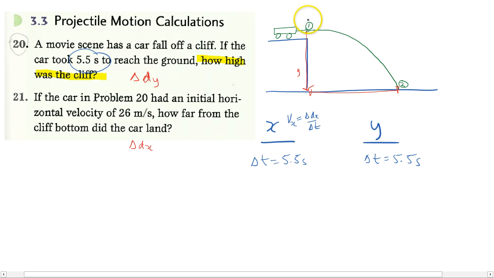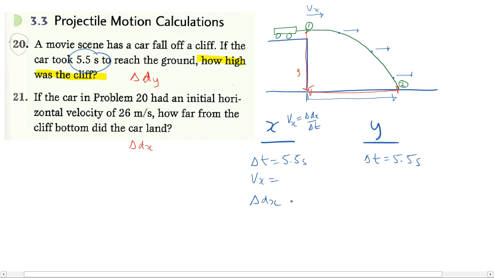Along the way, it's going to start with some Vx, and that Vx will be constant the whole time. So that is a constant velocity. Delta dx will be, as I said before, this distance over here. Horizontally, these are my only two things that I'm interested in, Vx and delta dx.